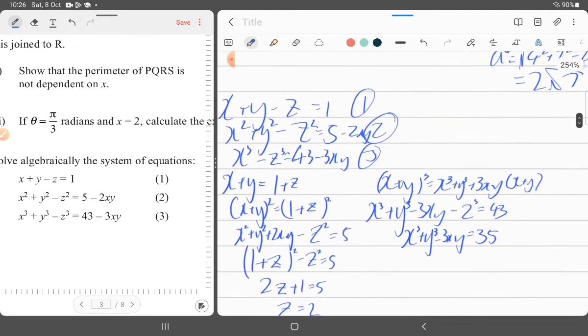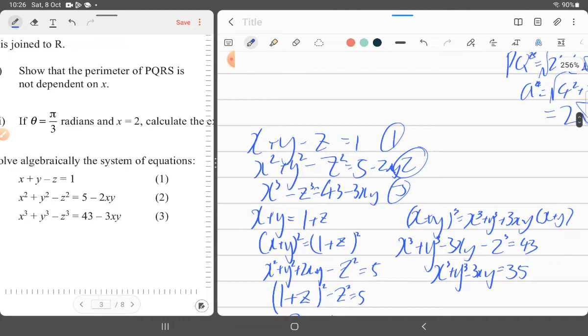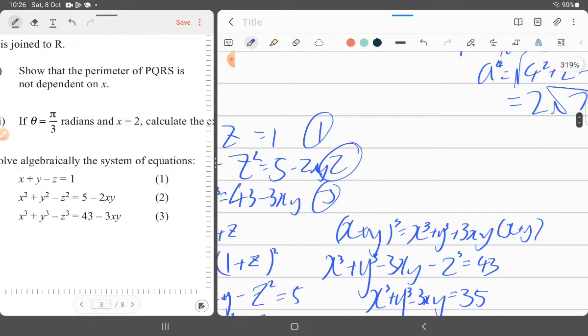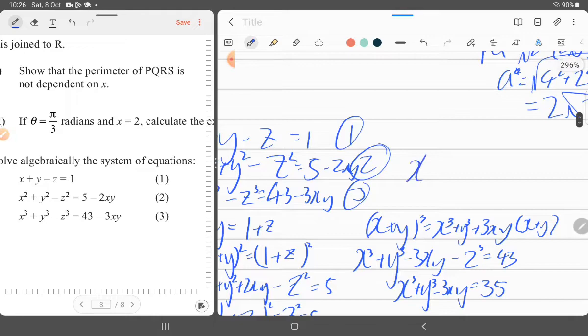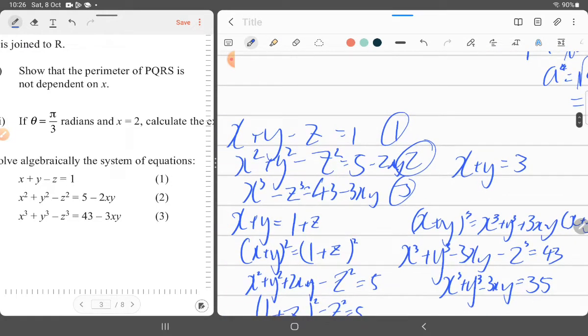Right. No, we can also get x plus y is equal to 3 from equation 1.